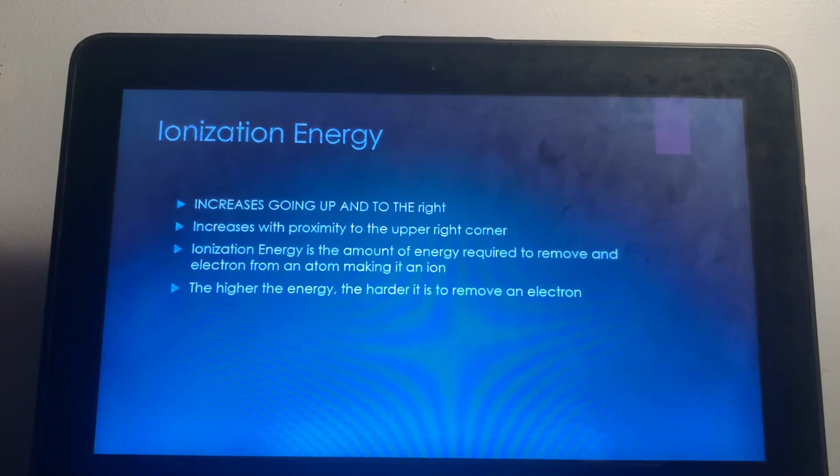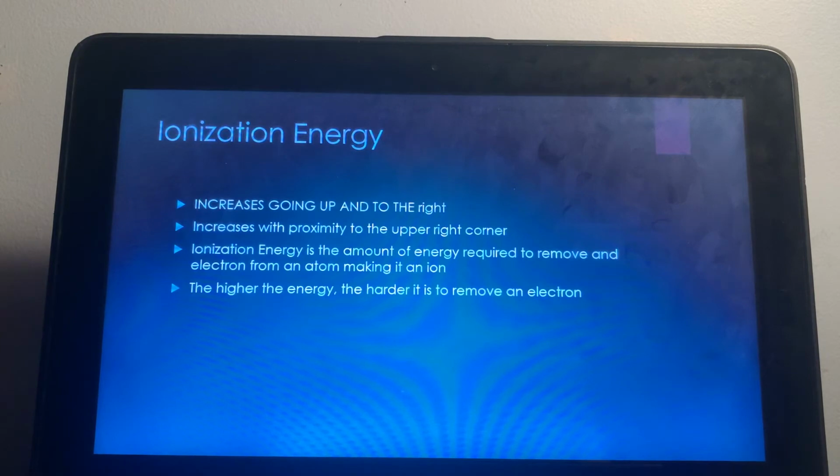Next one is ionization energy. Now, this is the amount of energy required to remove an electron from an atom, making it an ion. The higher the energy, the harder it is to remove an electron, meaning that ones with higher ionization energies are probably going to be less reactive.